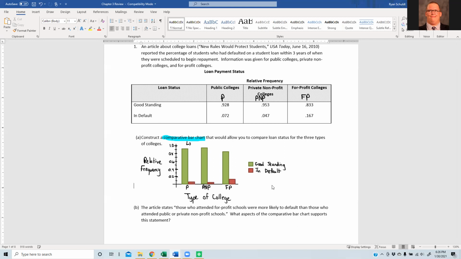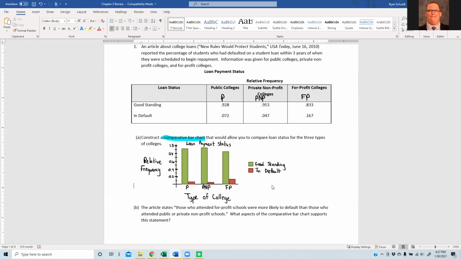And we forgot our title. So let's say our title is loan payment status. They're pretty close to each other. Then your for-profit, yeah, they're pretty good, but they have more that are in default. At least twice as many as the public colleges.